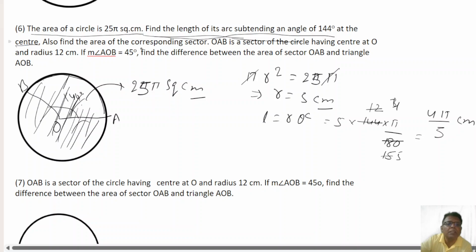Next is also find the area corresponding sector. OAB is a sector of a circle having center O and radius 12 centimeter.